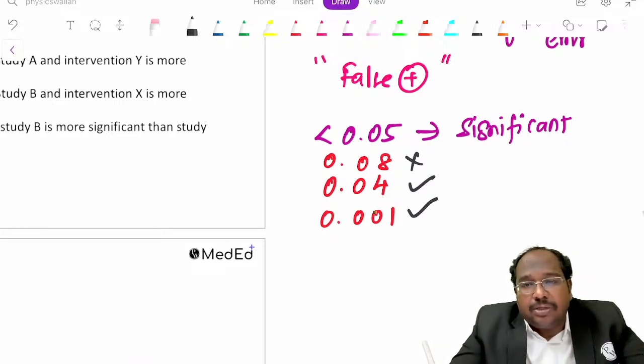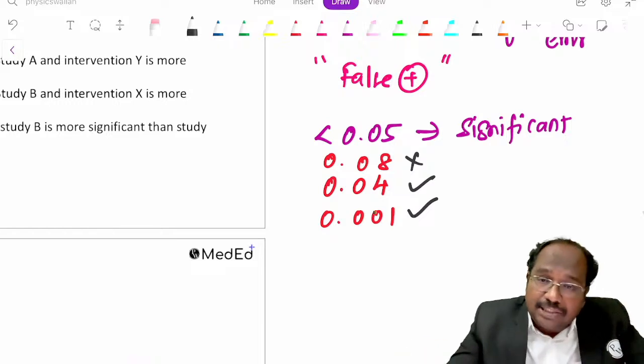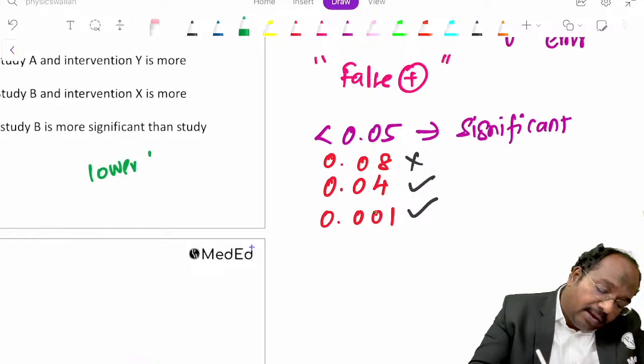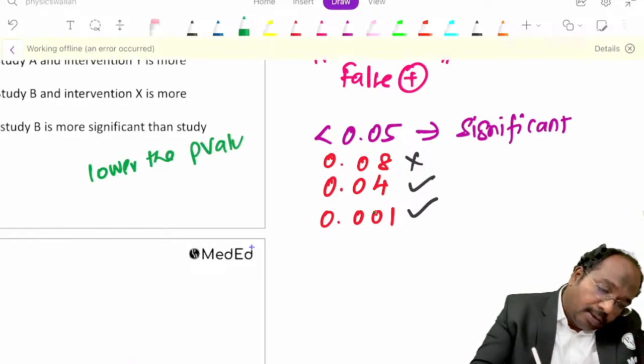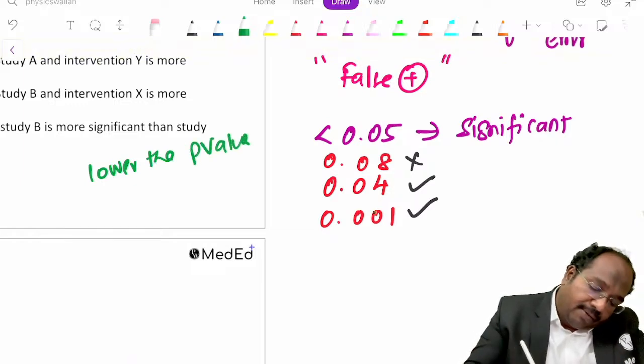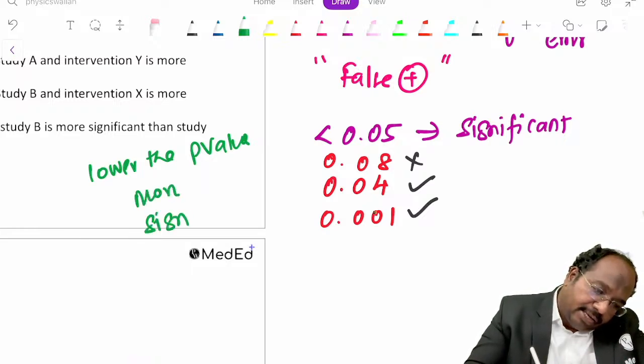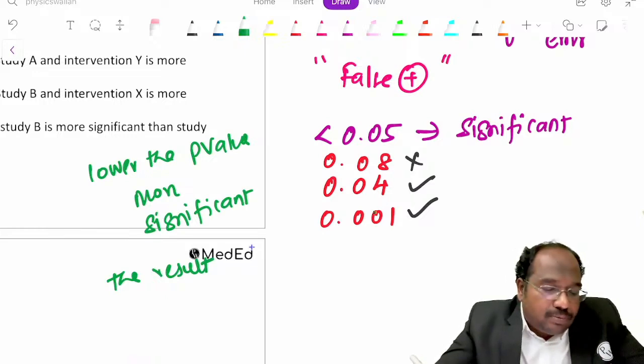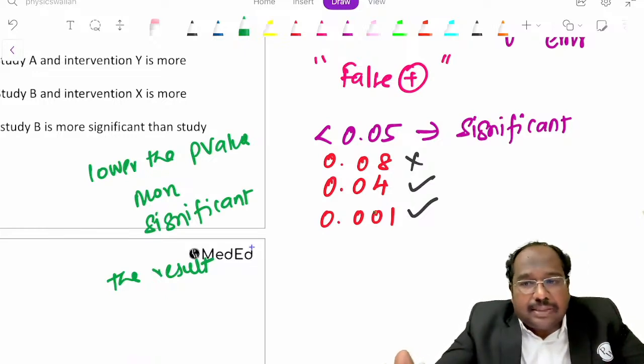That is also significant. But the additional point we have to say is that lower the p-value, more significant the result is.